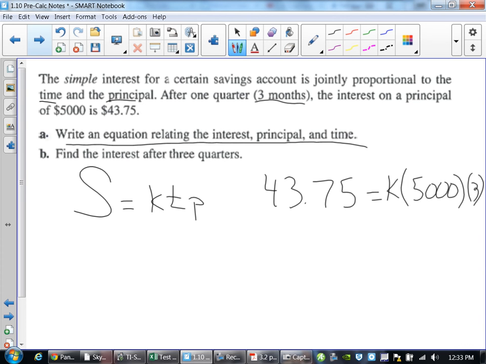Yeah, that's it. And then you just re-substitute in. If they're talking about 3 quarters, how many months is that? 9. Right, because 1 quarter is 3 months, 3 of them would be 9 months.